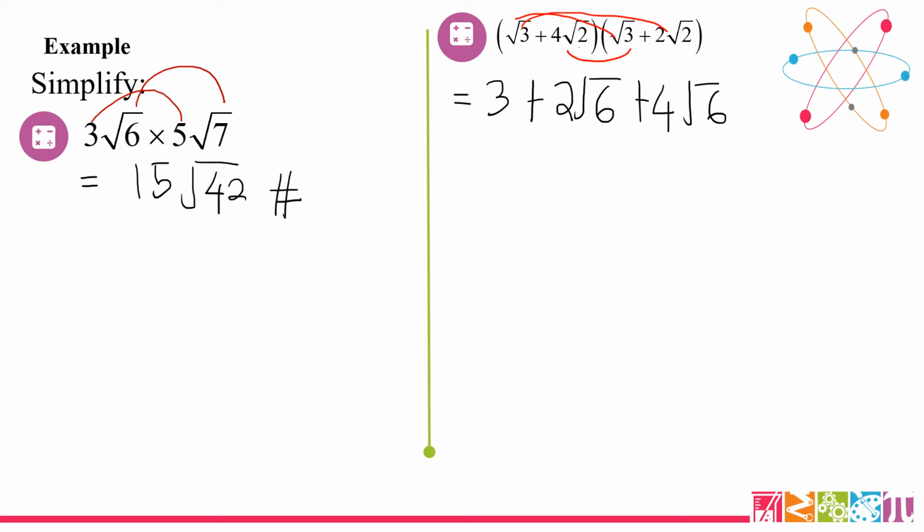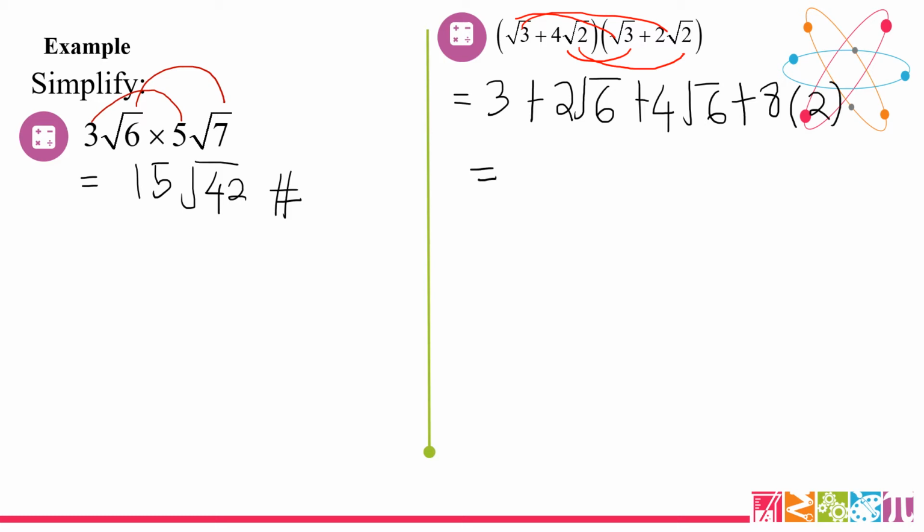Next, 4 root 2 times 2 root 2. Remember, the numbers times together, the roots times together. 4 times 2 is 8. Root 2 times root 2 is 2.